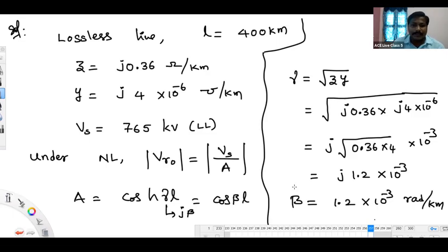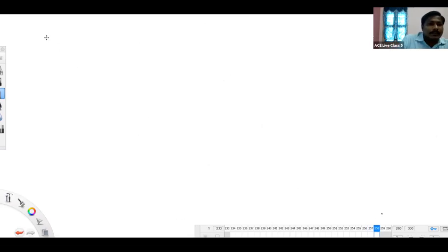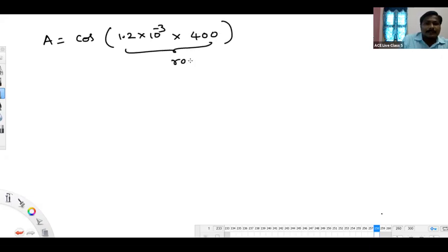You substitute that and you get A equals cos β L, where length is 400 and it will be in radians.